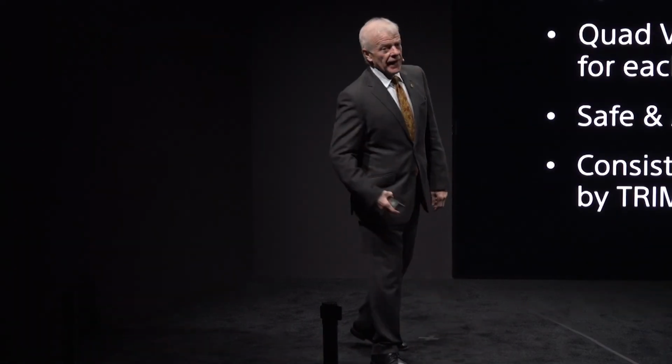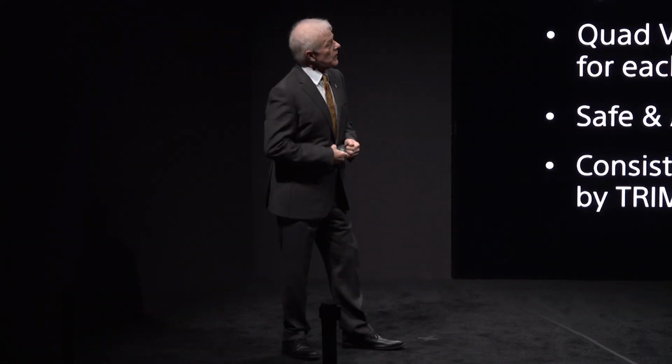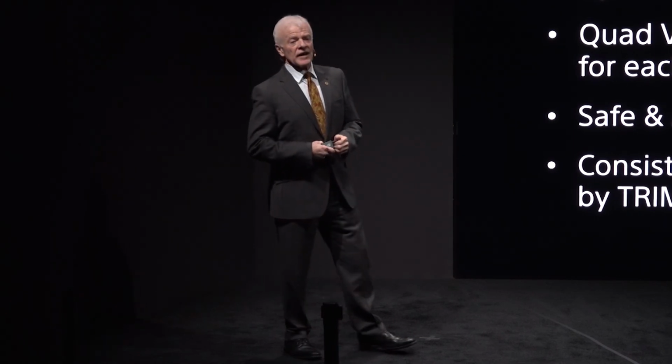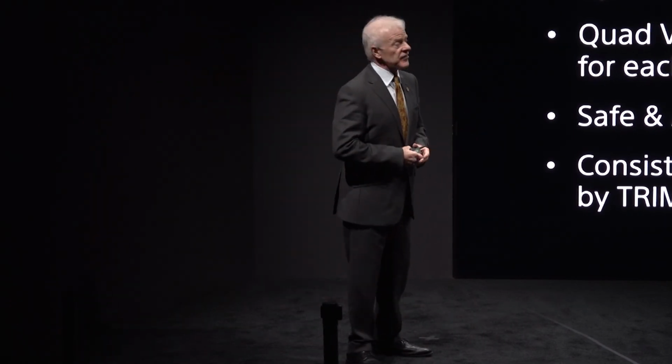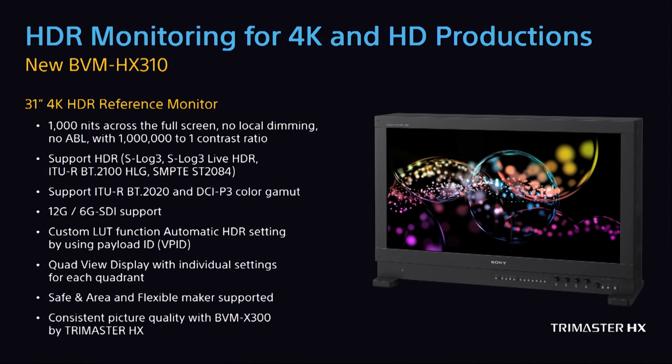All right, at the show, we are introducing two new devices or families of devices for mastering in HDR. This is a new monitor, the HX310, capable of 1,000 nits across the entire screen with perfect temperature control and uniformity.